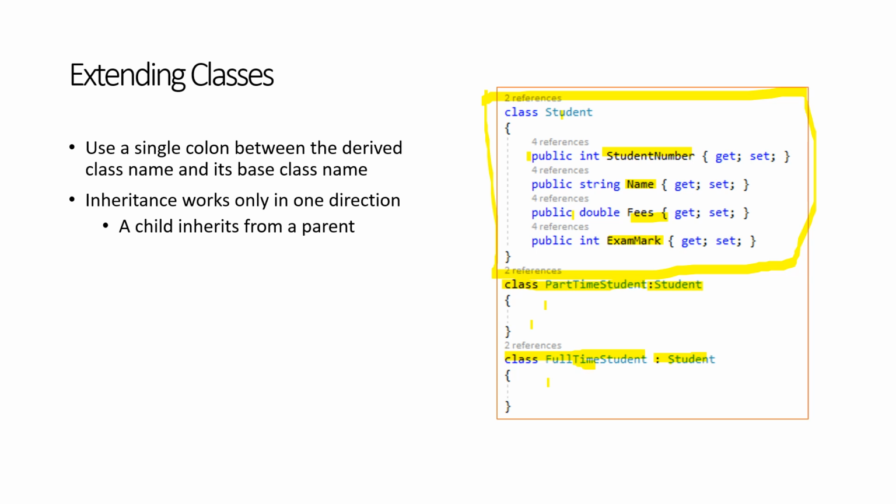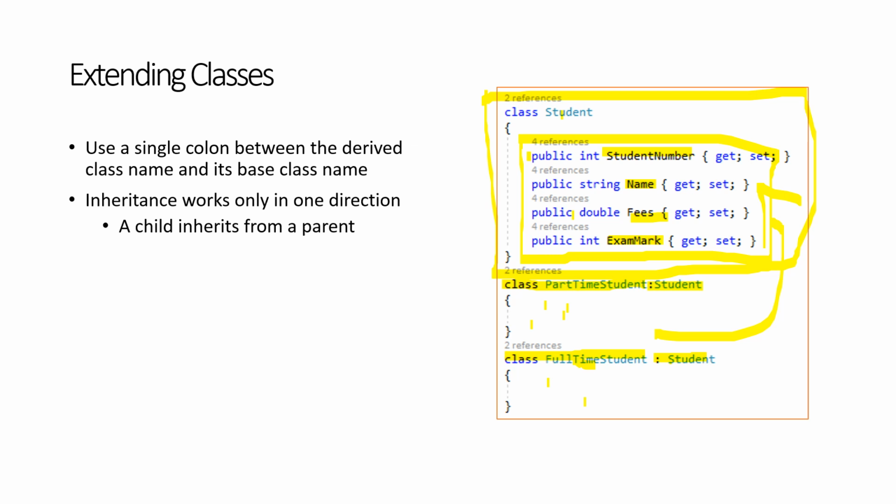So part-time student and full-time students are both students. So the relationship here says a part-time and a full-time student is a student. And both these classes have access to every method that is in this class.